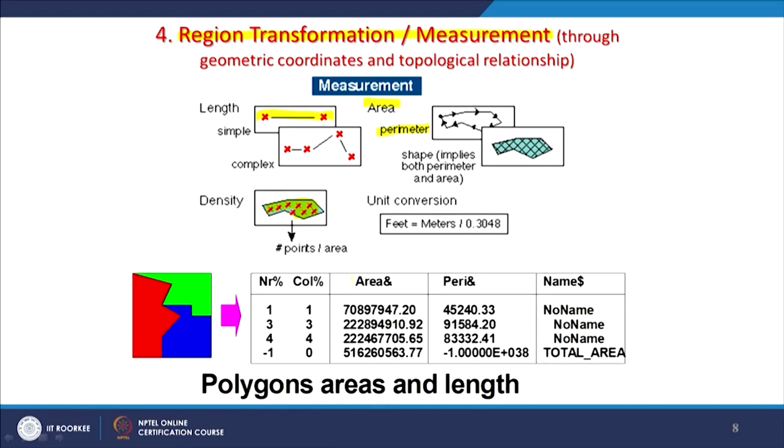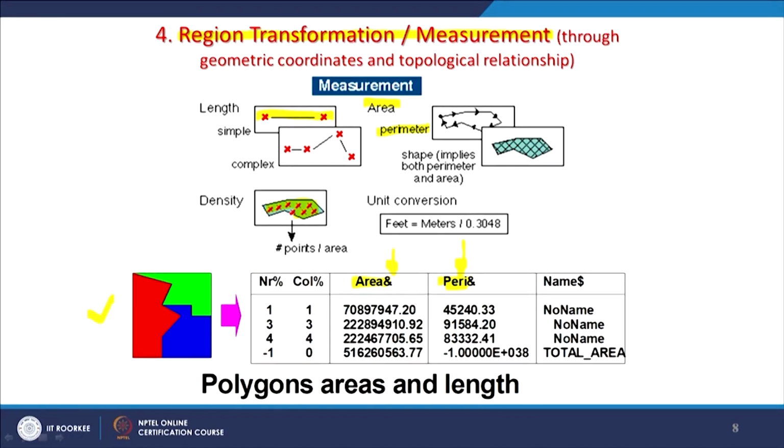Similarly, through this measurement, one can auto populate these areas. If we ask that I want to calculate area and perimeter or centroid for each polygon present in my map, it can be done quite easily on a GIS platform.